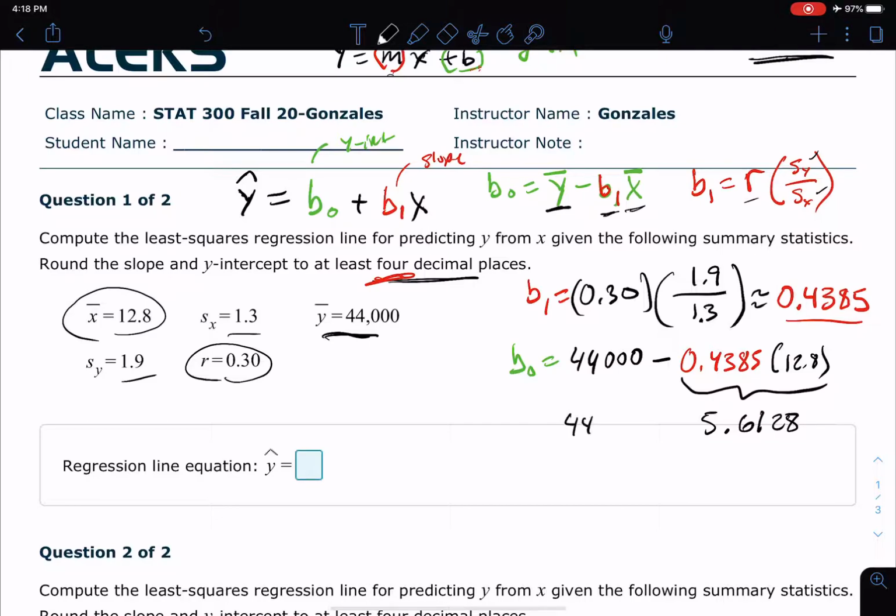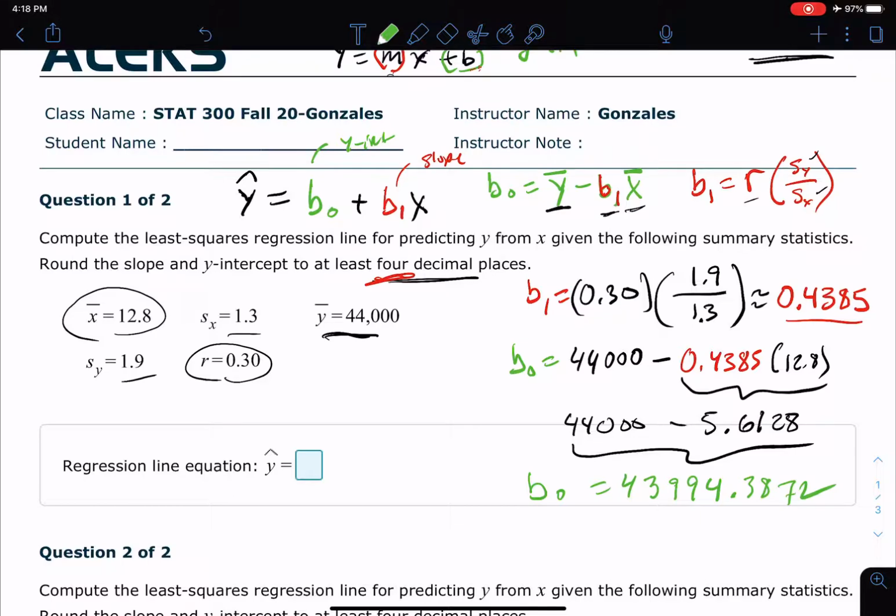So we have 44,000 minus that quantity, and so we do the subtraction problem. I'm going to write my final answer in green since my b sub 0s are always green, at least in this demonstration. And I get 43,994.3872.